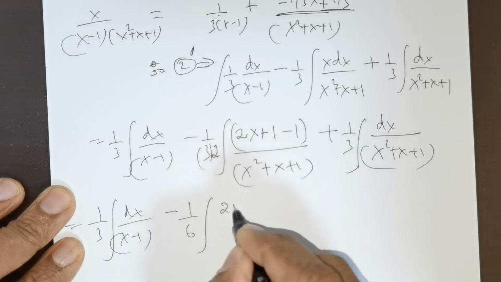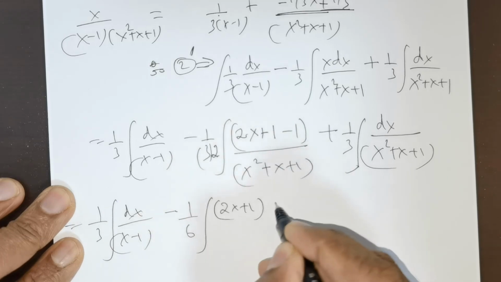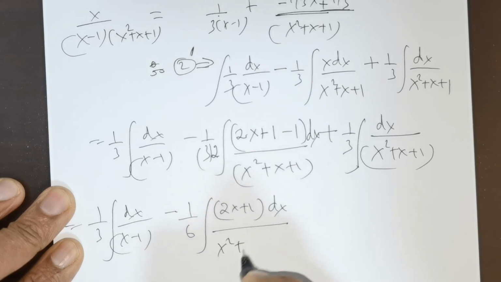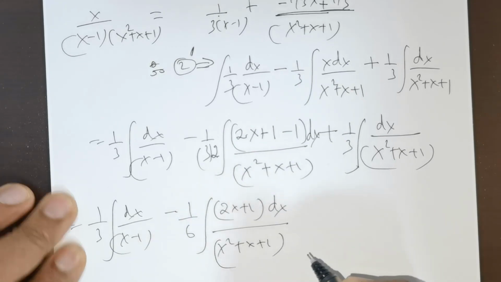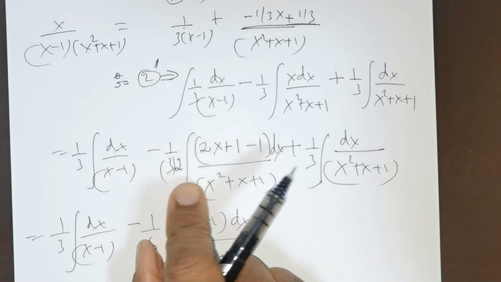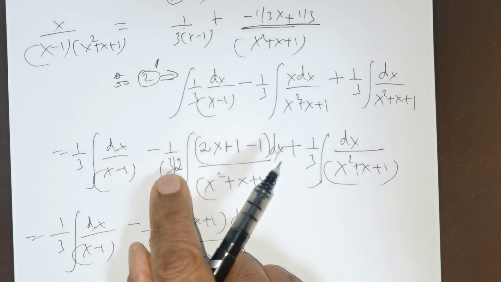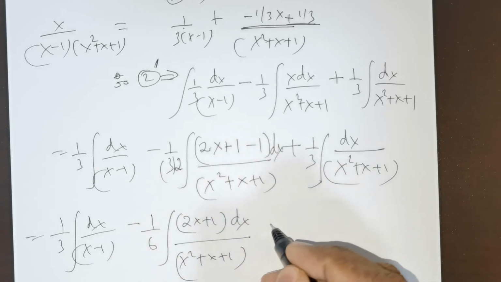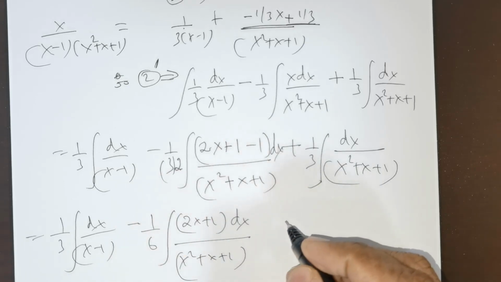I will split this as (2x + 1) times dx, divided by x² + x + 1. Now this quantity of 6 will be following this one also, with a negative 1.